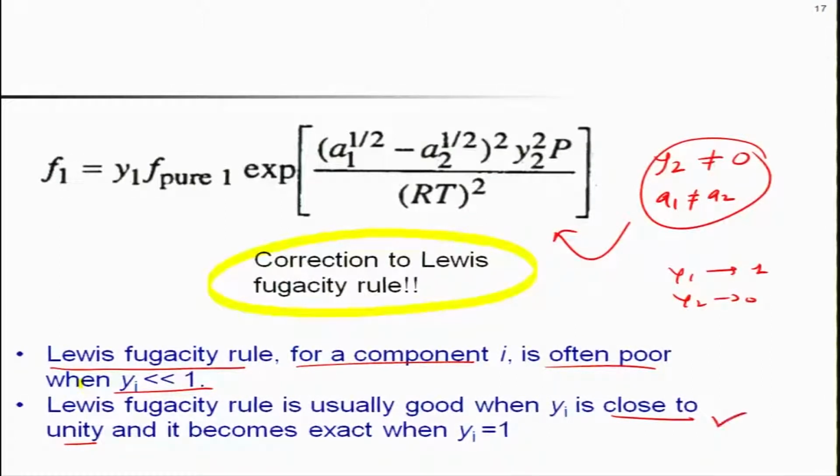When y1 is much less than 1, then considering f1 equals y1 f pure is a bad approximation. You can say that because when y1 is much less than 1, y2 is significantly more than 0, and thus this correction has to be included.